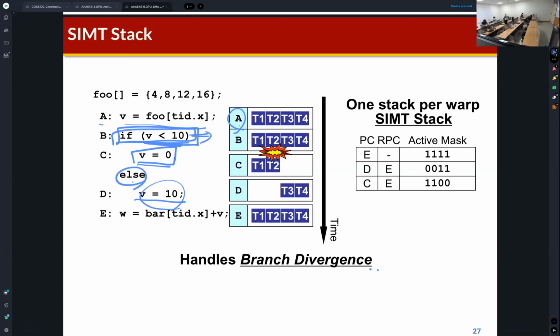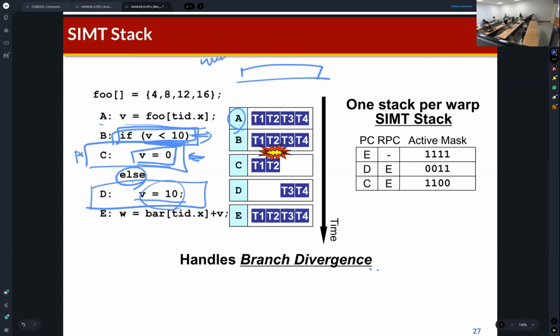What does that mean? The warp can execute this instruction because it can be pointed to by the program counter. Also, some threads in a warp can execute this other instruction.